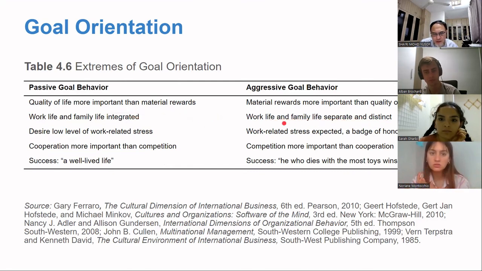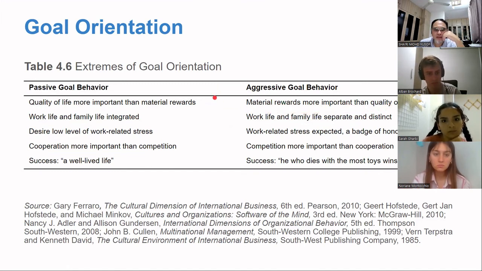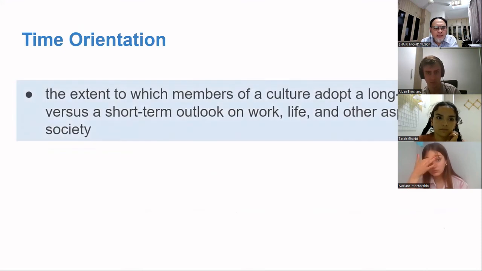So if you see this, this is actually a continuum from passive goal to aggressive goal. If you are an aggressive goal person, you will look for material rewards more than quality of life. But if you're in the middle, I'm a 5. I'm a 5, middle.